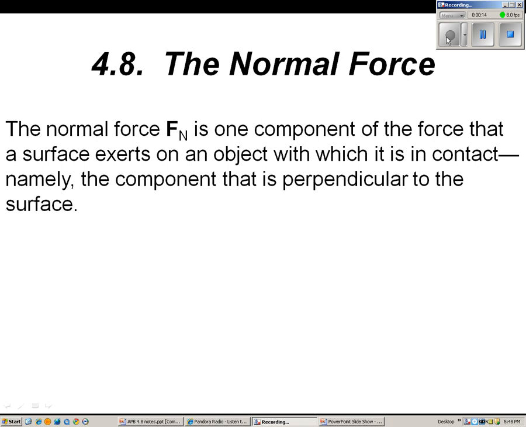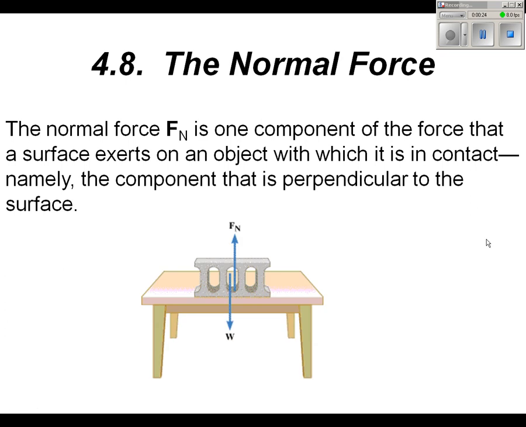The normal force F sub n is one component of the force that a surface exerts on an object with which it is in contact, namely the component that is perpendicular to the surface. So here's an example of a brick on a table, and the weight, W, straight down. We sometimes call it F sub g. Sometimes we'll call it just mg, because weight is mass times gravity.